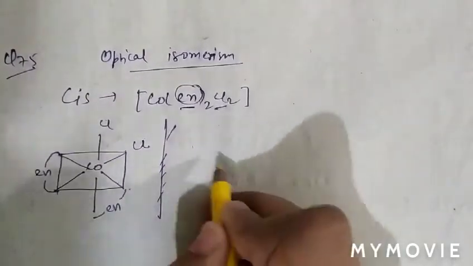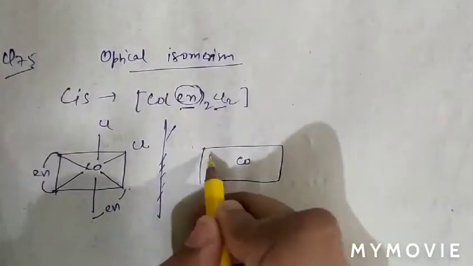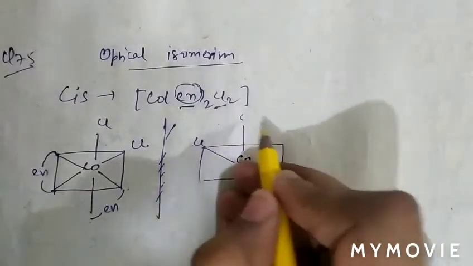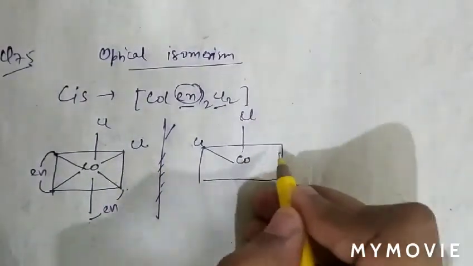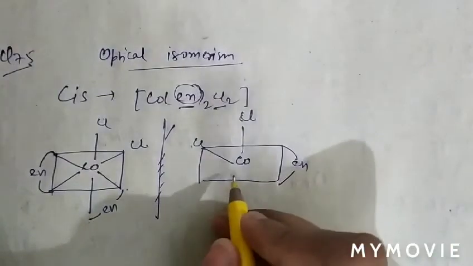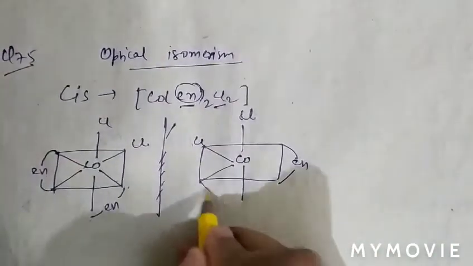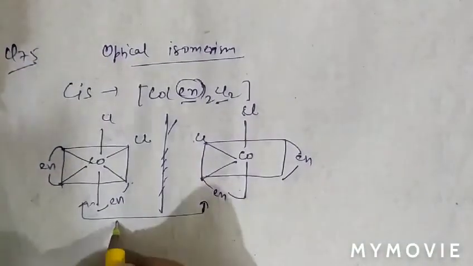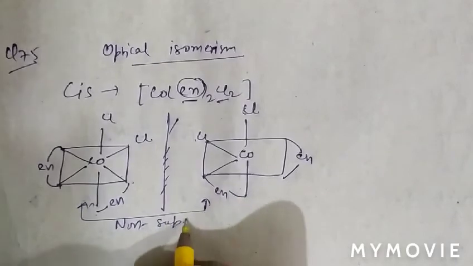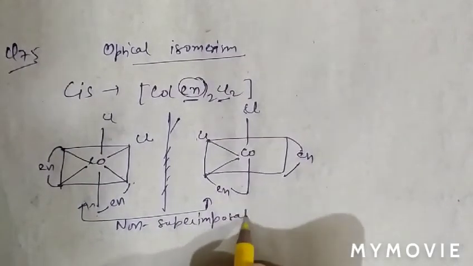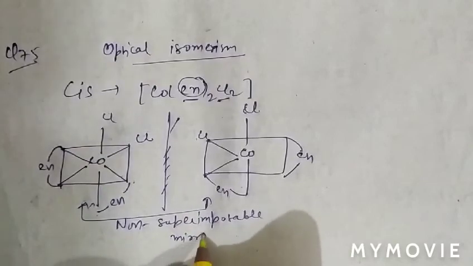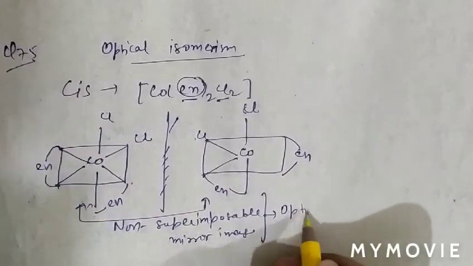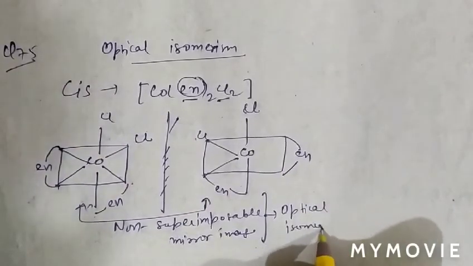When we draw the mirror image of this compound, with Co, Cl, Cl, and en, and we superimpose them, these two are non-superimposable mirror images. When they are non-superimposable mirror images, then these are optical isomers.